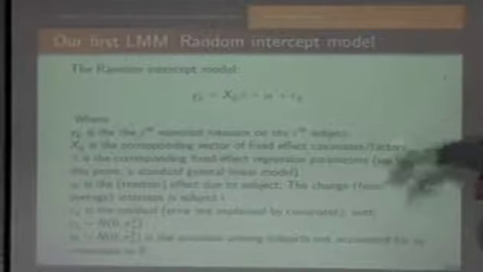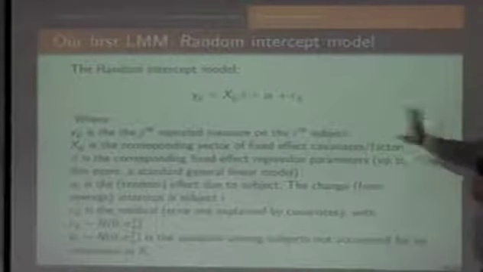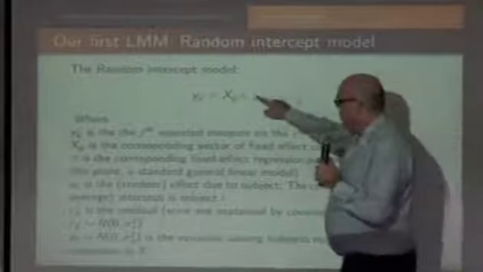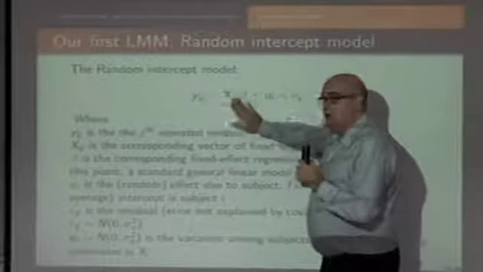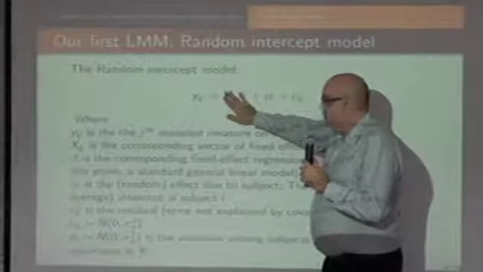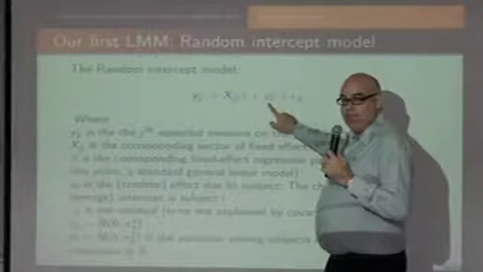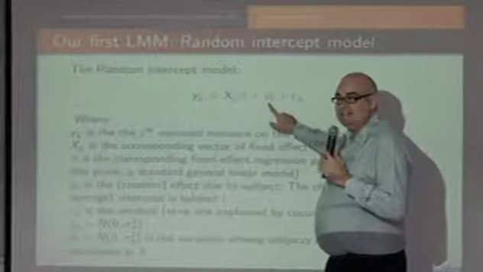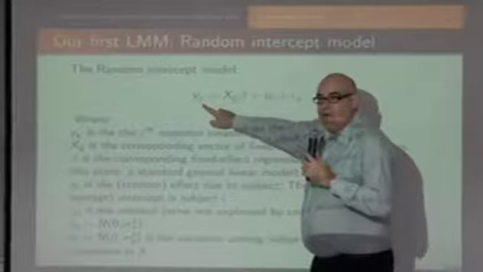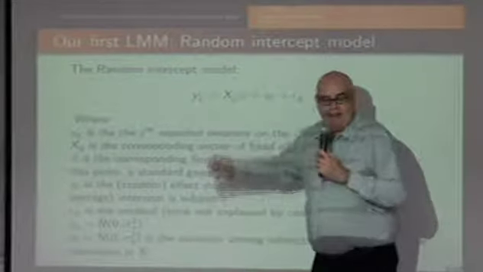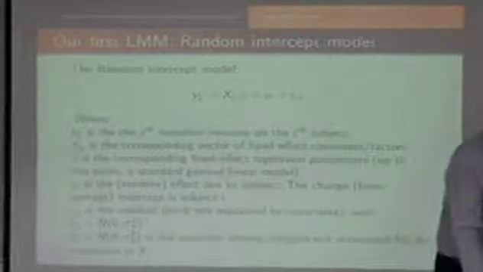I'm going to skip defining those terms, exactly as I did before. The important thing to note is that we have the fixed component as normal, and a random component that is a simple change in the Y at the intercept due to that subject.